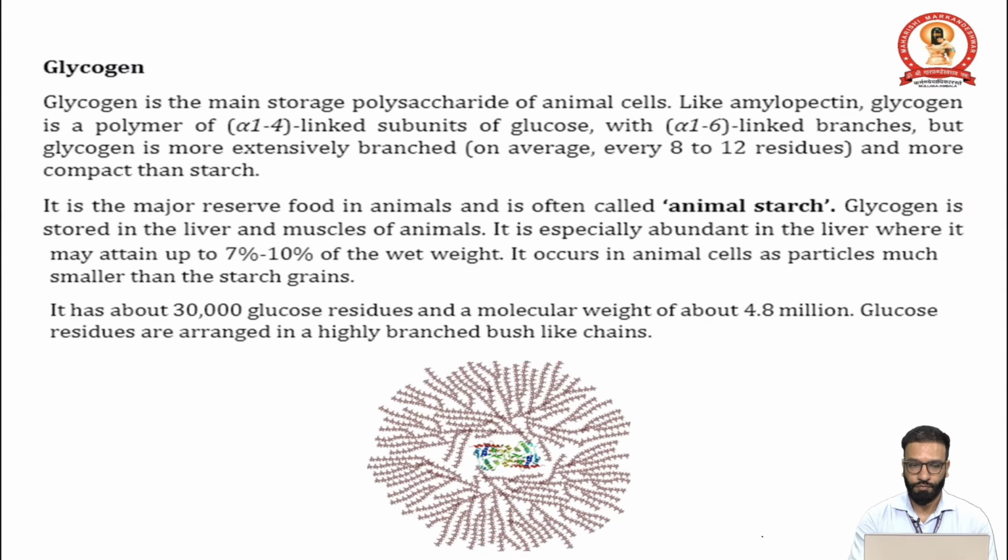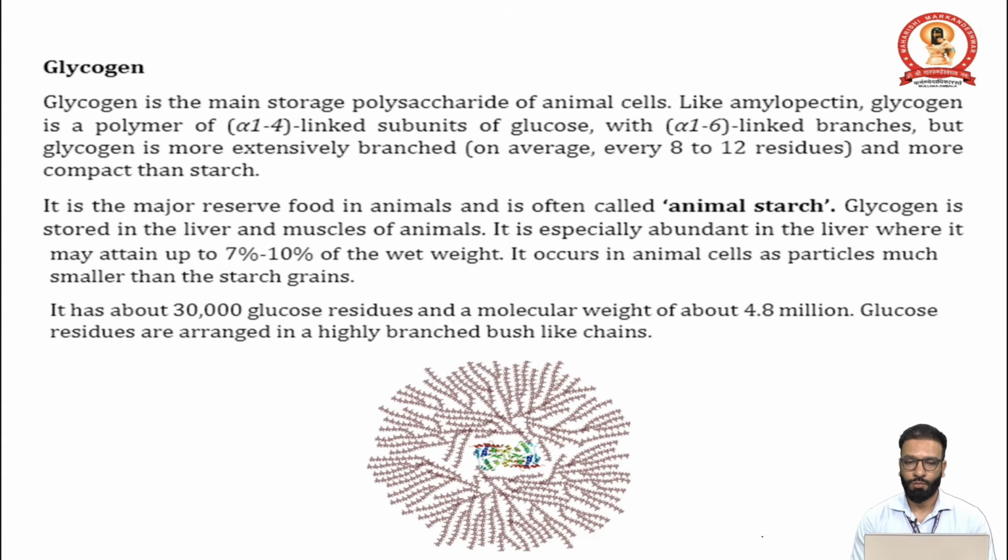And we have glycogen. It's the major reserve food in animals, and it's known as animal starch. When we eat food, it's broken down into glucose, and when we have enough glucose, it's stored in the form of glycogen. So when we need it, for example when we are fasting or exercising, the glycogen is broken down into glucose as an energy source.